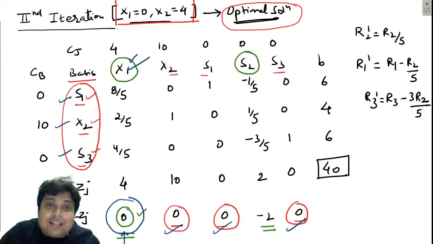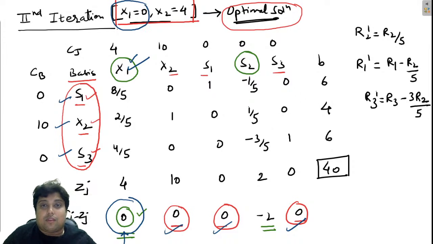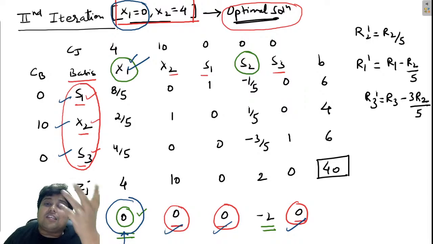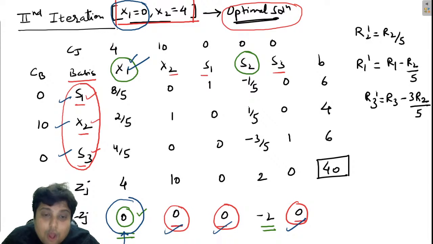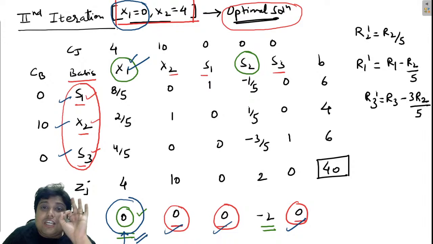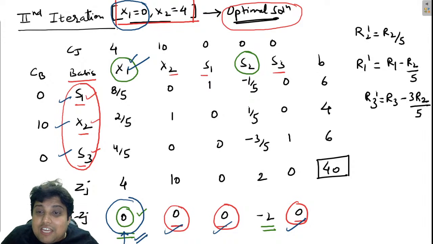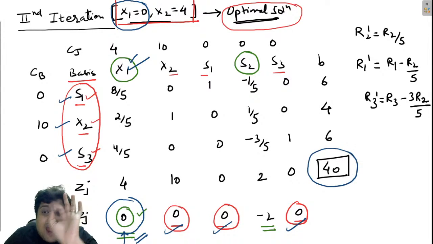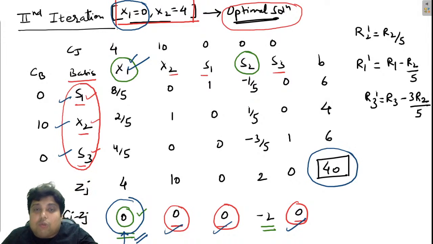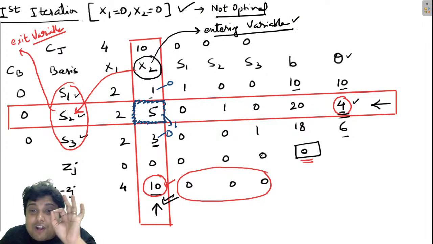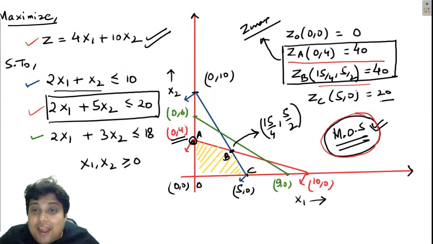I will get another value for x1, which will change the solution. But because x1 will be making 0 runs in one ball, the team score will remain 40. So at 40 we will get one more solution, which is what I got in the graphical method.